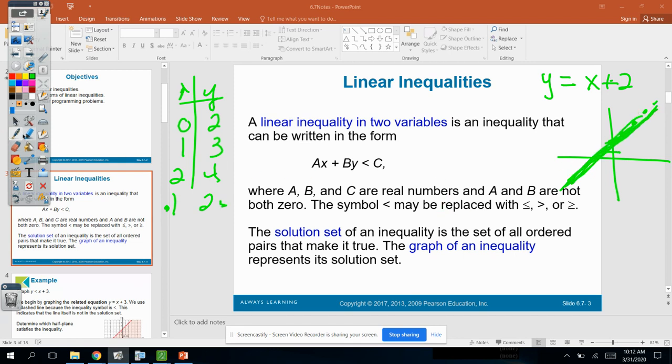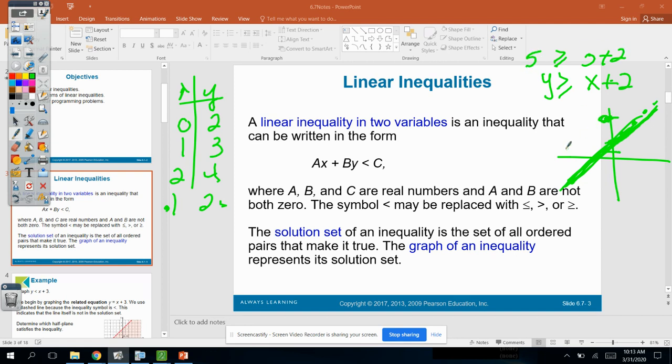Well, when you change it to a greater than sign, let's say greater than or equal to, not only are all these points on the line make it true, but there's other points that make it true as well. Like this point here, which would be 0, 5. 0 plus 2, 5 is bigger than 2.